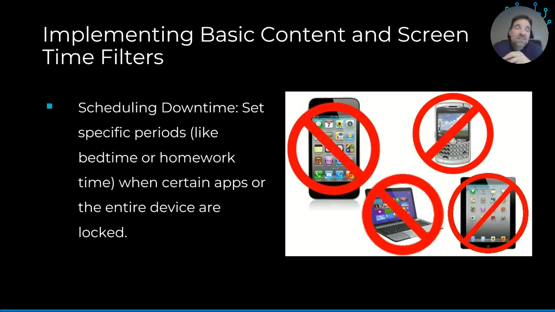Also, implementing no-device times or specific periods is highly recommended. For instance, after they come home from school, the first 2 hours is homework time, other activities time, decompression time, whatever, no screen time. Family meals together, no screen time.